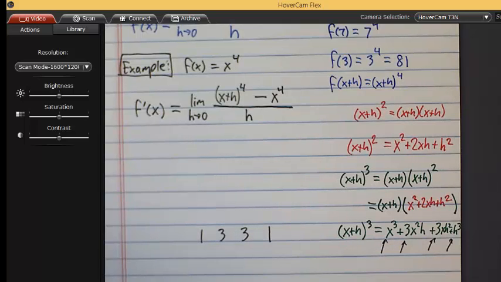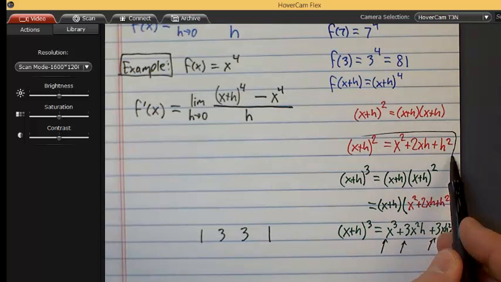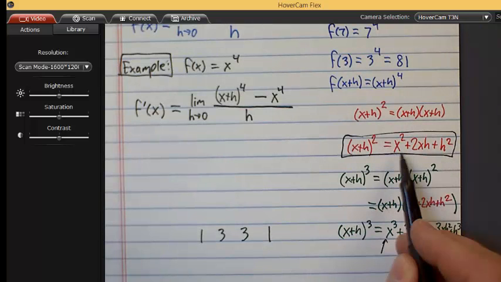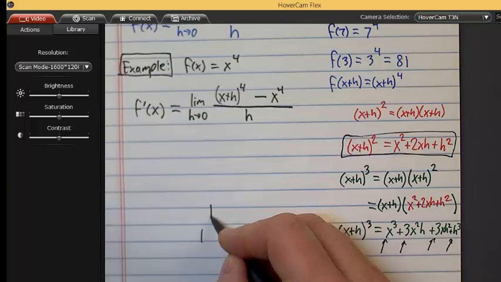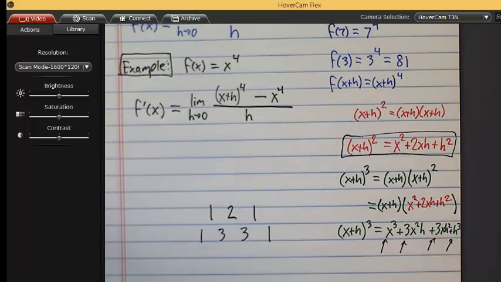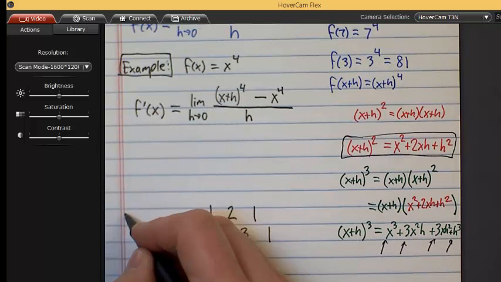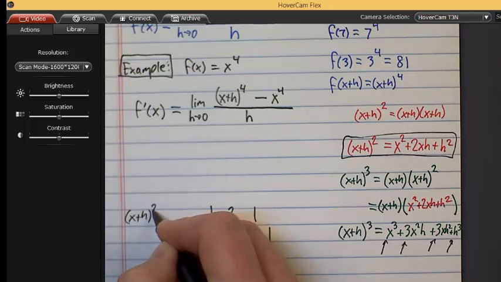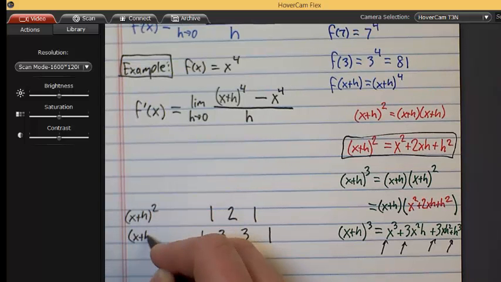Do you guys see that? When I did x plus h squared, the pattern of the coefficients in front is 1, 2, and 1. That was the coefficients of x plus h squared. This was the coefficients of x plus h cubed.